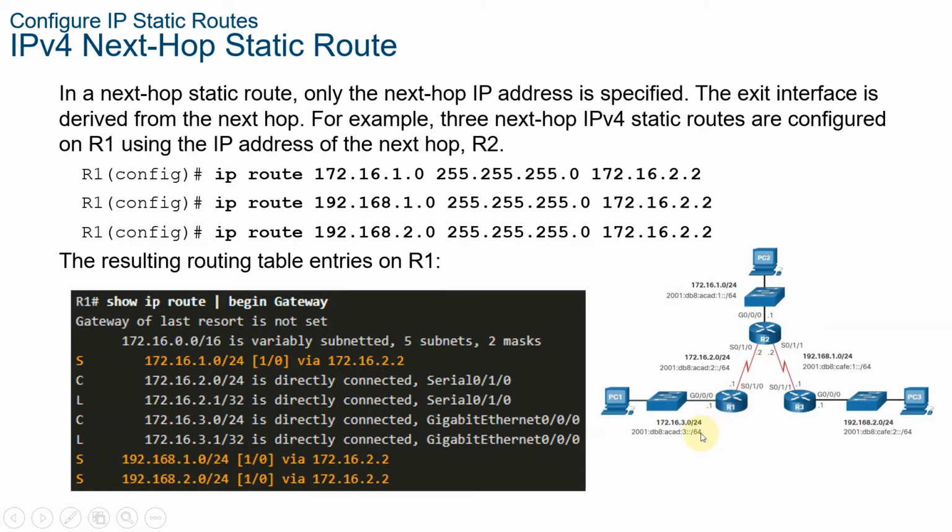From here, the directly connected networks of R1 would be the 3.0 and the 2.0 of 172.16. Identifying the directly connected networks leaves 172.16.1.0, 192.168.1.0, and 192.168.2.0 as the remote networks.